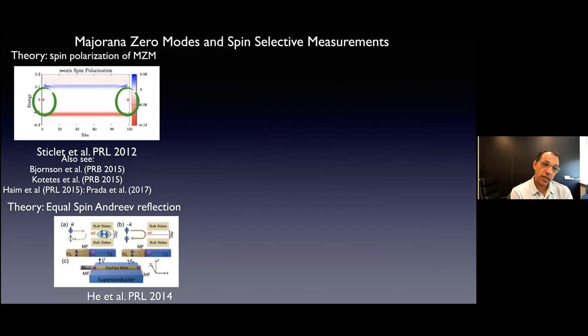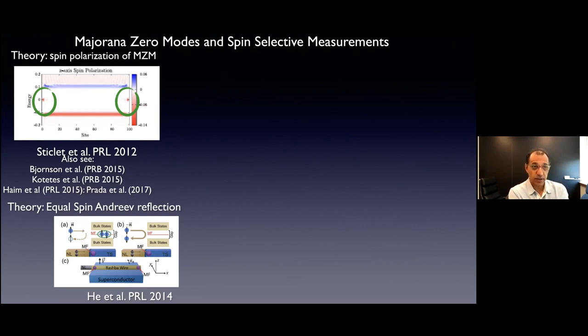Quite early on, from the nanowire work, actually from some of the work of people in the audience here, we already know that when we do tunneling to detect the zero bias mode of the Majorana in nanowires, the spin signal should be able to tell us, if you do spin selective tunneling, whether these zero modes have the proper spin orientation.